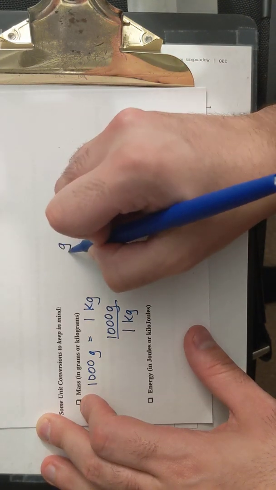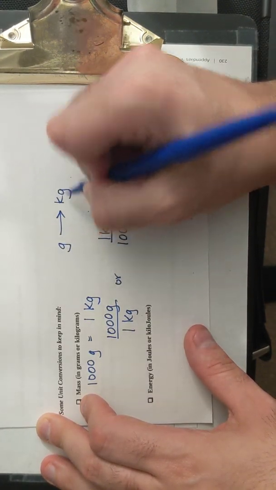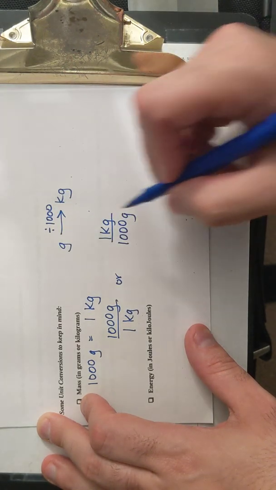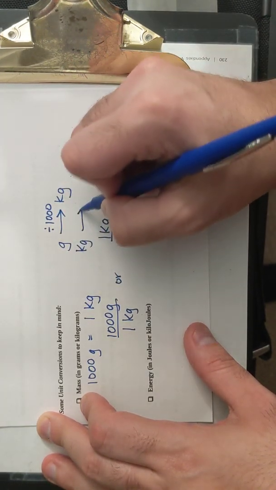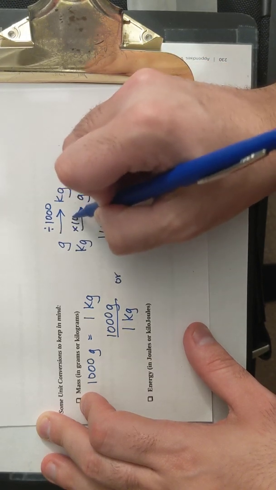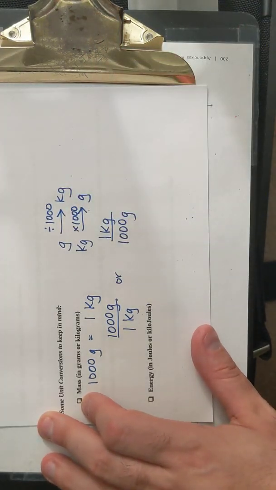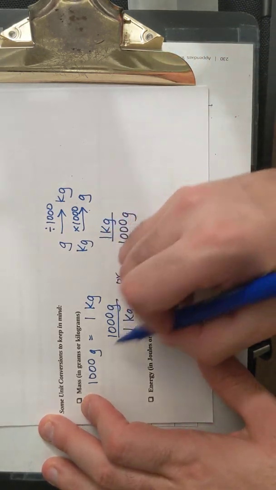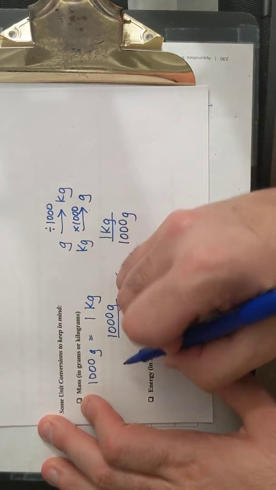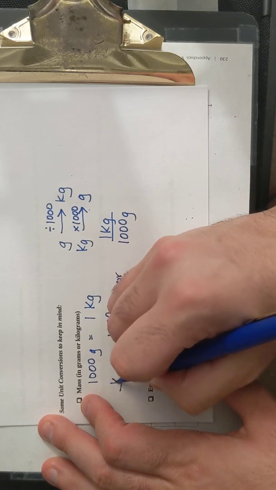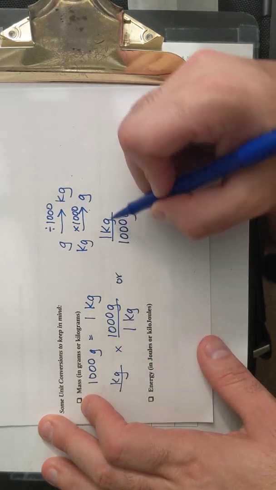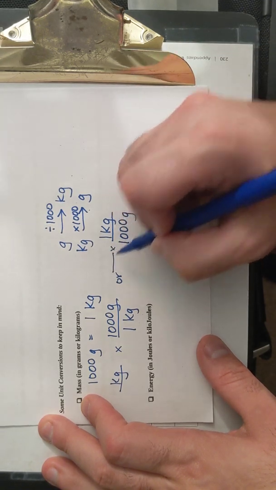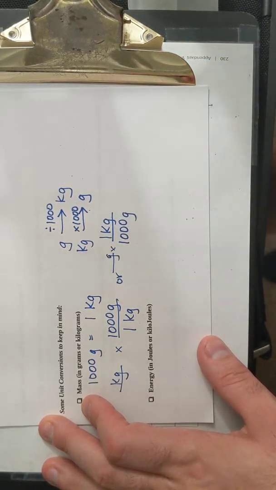To go from grams to kilograms, you divide by 1,000. To go from kilograms to grams, you multiply by 1,000. If you're using dimensional analysis, using 1,000 grams over kilogram means I'm starting with kilograms. Using kilogram over 1,000 grams means I'm starting with grams.